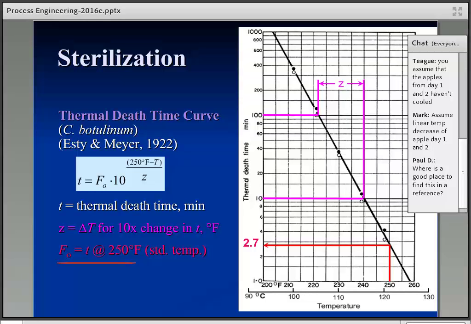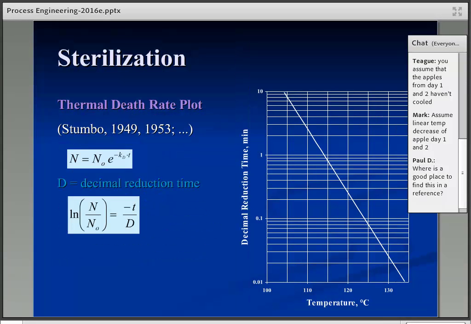It's kind of the standard case. You can also plot the decimal reduction time in the same way, and you get the same slope. It still has that slope of Z, but you're graphing something else on the log scale there, a slight variation, but it's a very similar equation. It's still an exponential equation, so it's a straight line on this semi-log plot.